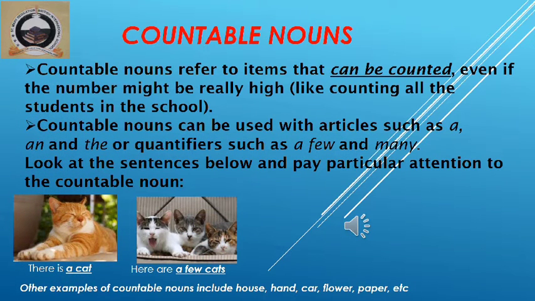Also, countable nouns refer to items that can be counted. Emphasis is on can be counted. Countable nouns refer to items that can be counted, even if the number might be really high, like counting all the students in the school, or all the people on your street.